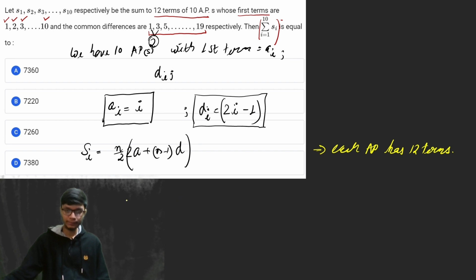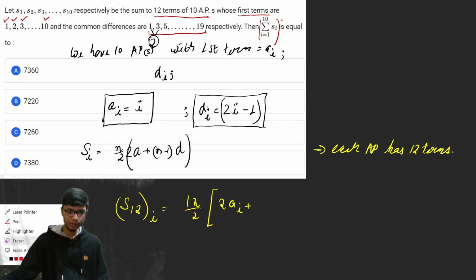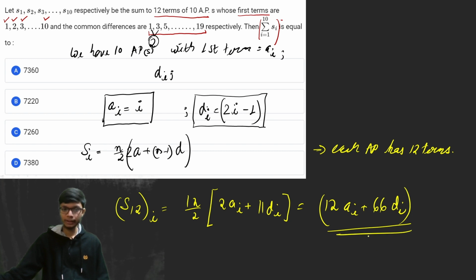So the sum of the 12 terms for each AP is equal to 12 by 2 multiplied with 2 times a of I plus n minus 1, that is 11 times d of I. If you simplify, this result is equal to 12 into a of I plus 66 into d of I. So that is the sum of the 12 terms of the ith AP.